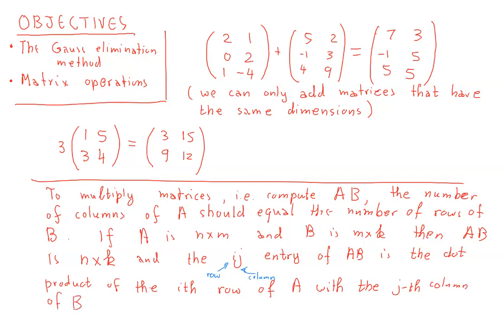So let's take a look at examples. Let's say that you have a 3 by 2 matrix, with rows 5, 1; 3, 4; 2, negative 2.